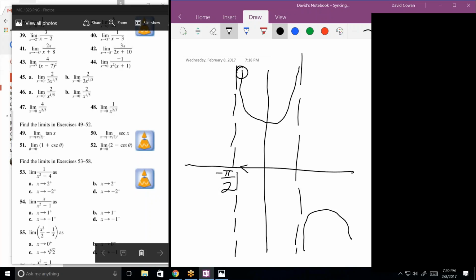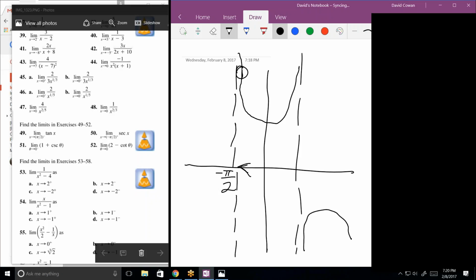Yes. In other words, when you approach something, you're always looking on the horizontal axis. But when you want to know what its limit is, you look to the vertical axis. Well, I'm approaching from the right, and as I get closer and closer to minus pi over 2, this thing gets higher and higher and higher. It never touches these vertical asymptotes.